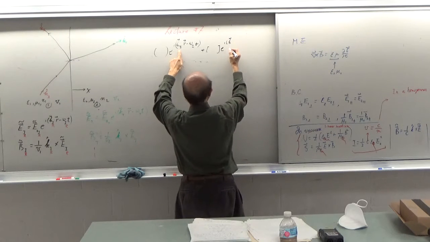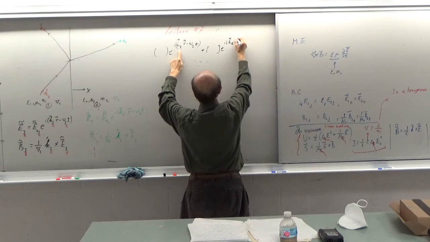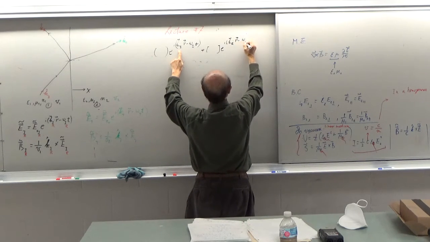So in the exponent is e to the i k reflected dot r minus omega_r t.